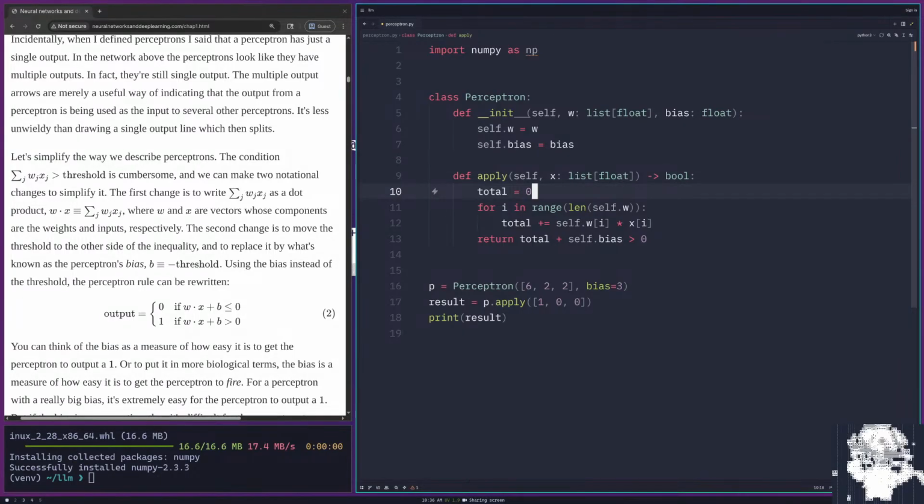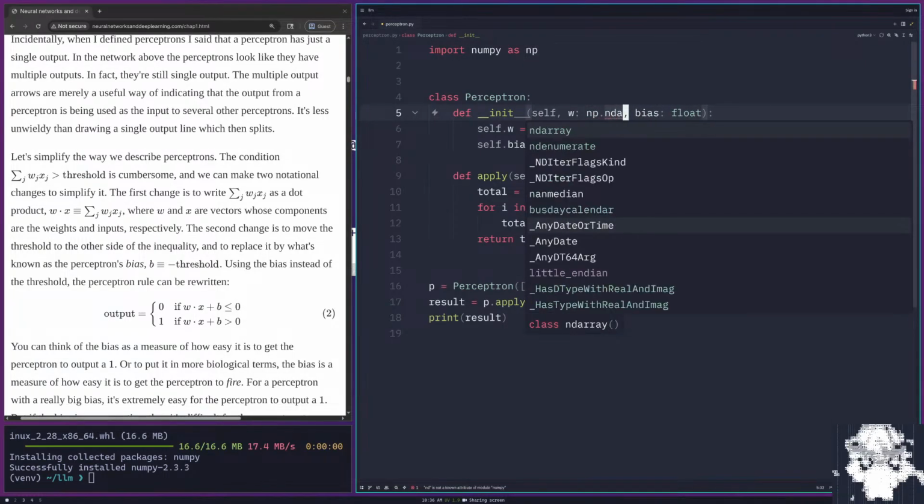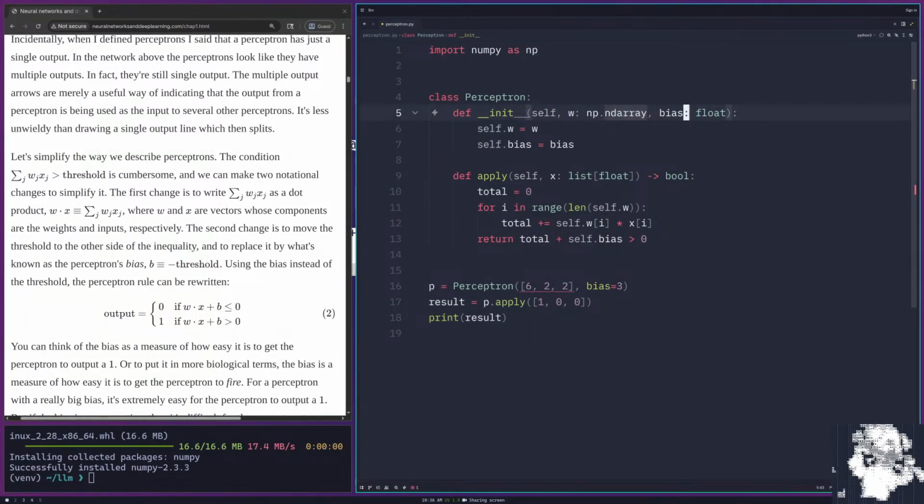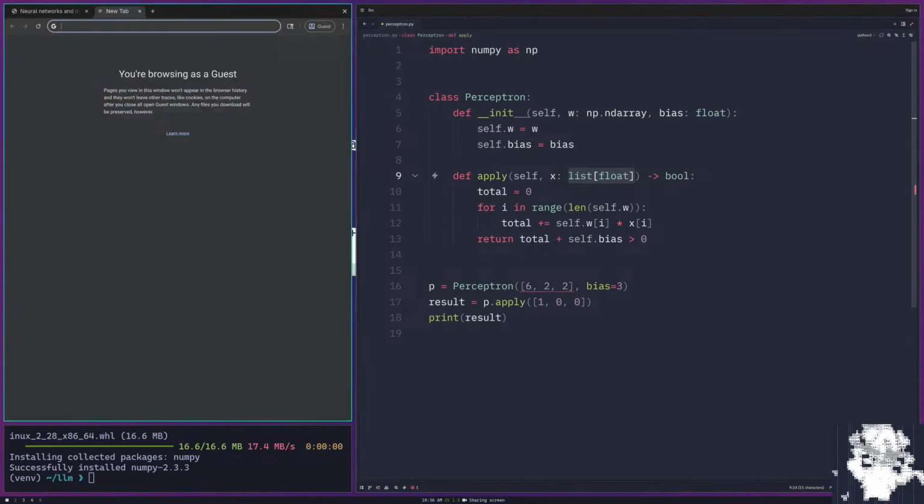I don't know why you would do it one way versus another. So instead of a list of floats, I'm going to say that w is an ndarray, which is a data type. That means an array in NumPy. Maybe we should look this up.